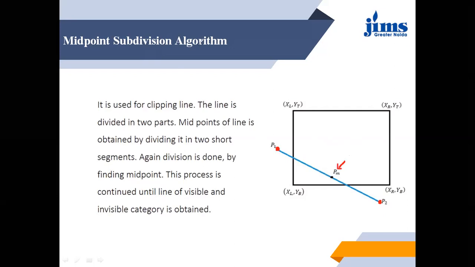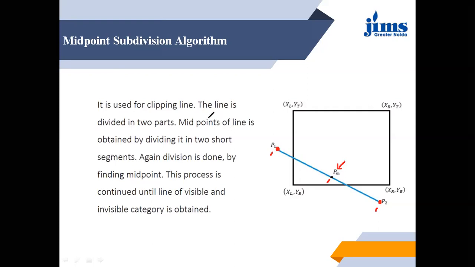Again we check the same condition, or we apply the same procedure for the lines PM and P2, and the same for the line PM and P1, and we continue this procedure till we get a completely visible line.